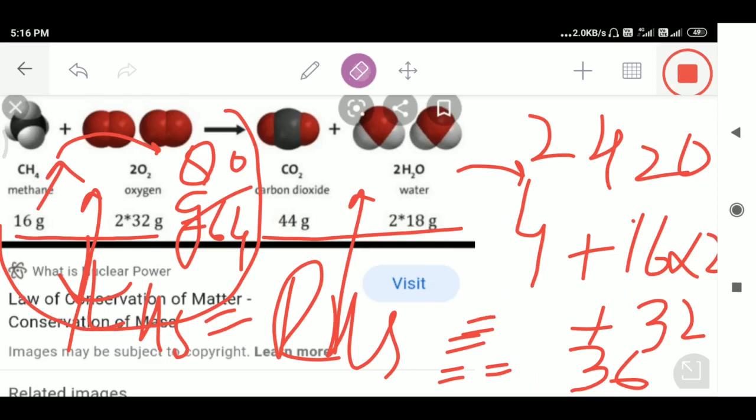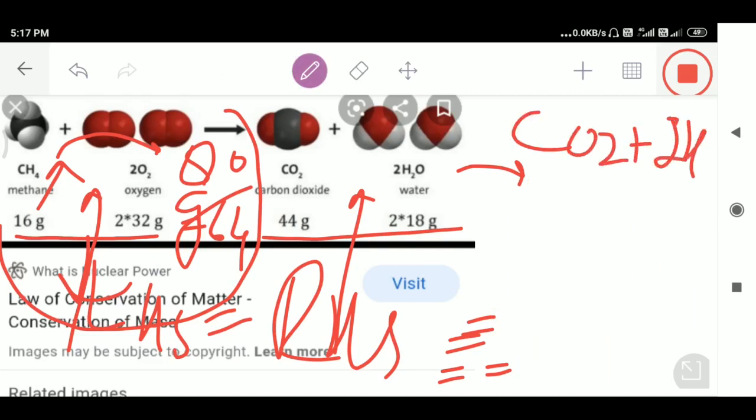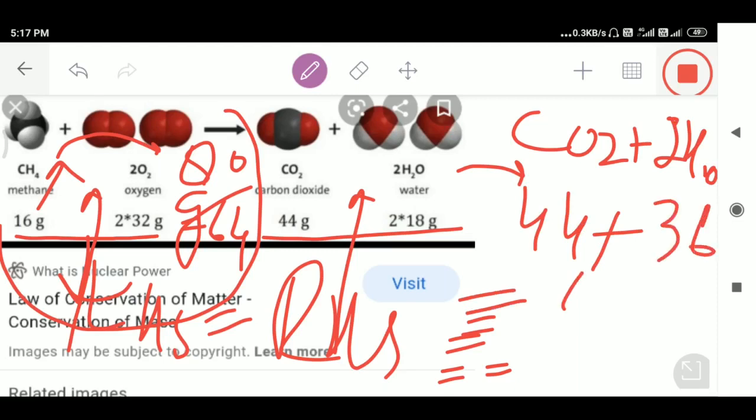So the gross total of carbon dioxide plus twice water is 44 plus 36. That is equal to 80 grams.